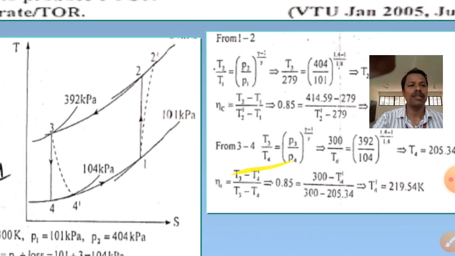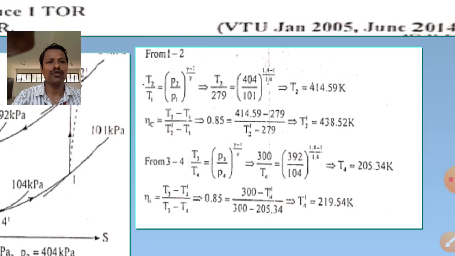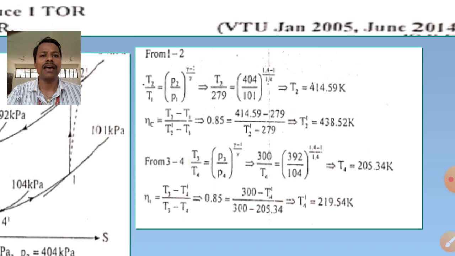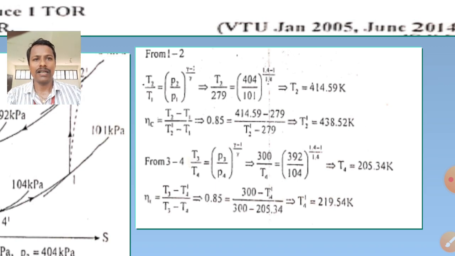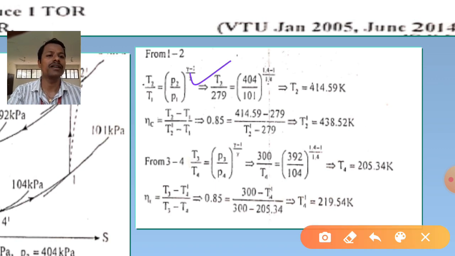Solution. So we know that we need to find out the unknown temperature, that is T2 dash. Since compressor efficiency and turbine efficiency are given, actual temperatures T2 dash and T4 dash are to be found. For finding T2 dash, first we must find T2 by using the isentropic law. So we have this relation, and we will substitute the known data, that is T1 is 279, and we will be able to calculate T2.